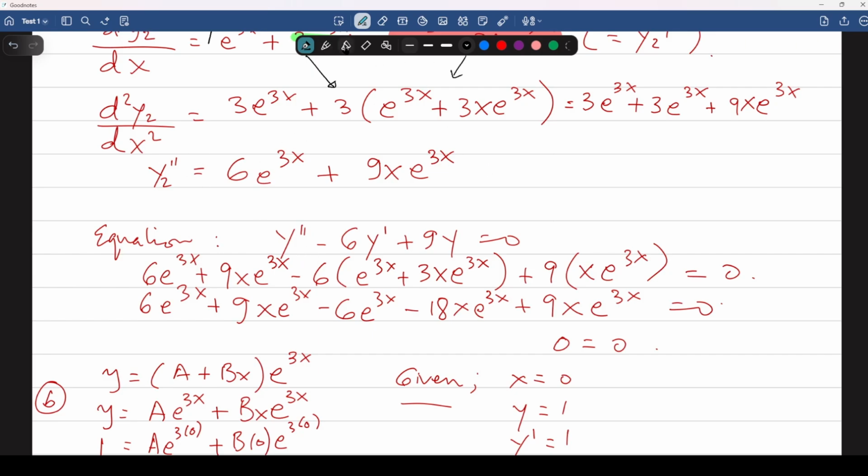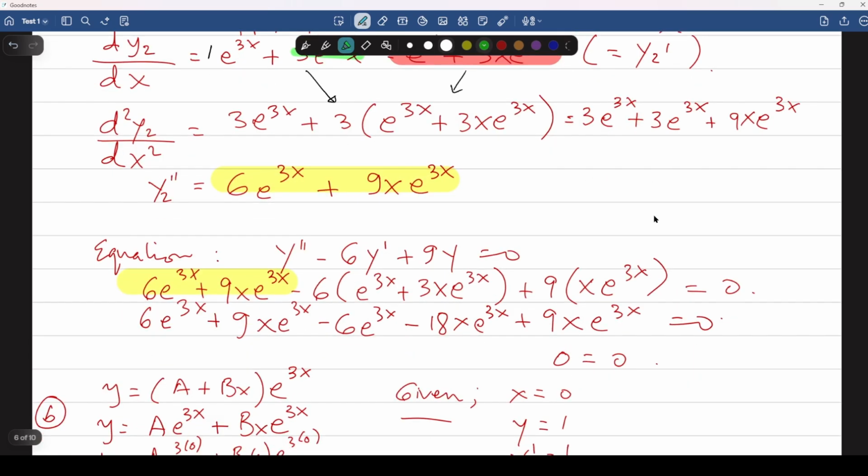So we can, if you want, make a color. y double prime is the whole thing here, and then this part here, and then 6y prime. For y you can use a different color, which is the whole thing above.